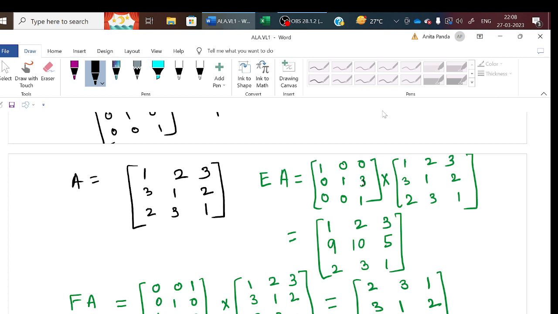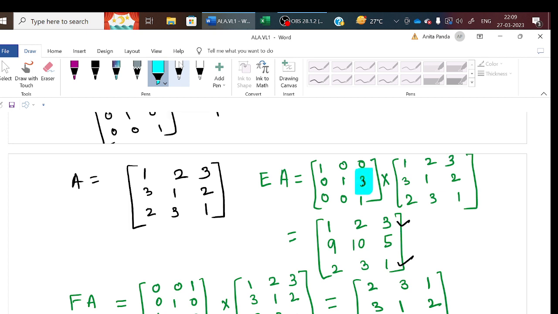Please observe these rows. The first and third rows remain unchanged. Only the change takes place in the second row. How much should I write? 3 times the third row, I should add to the second row. Here it is 3, right?